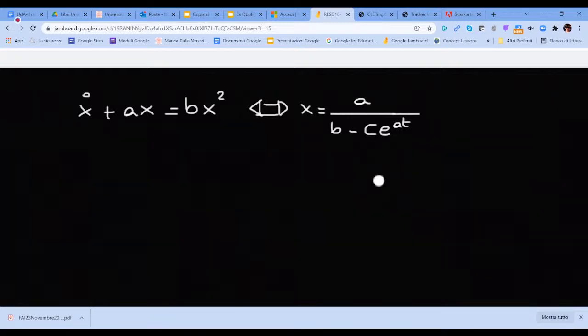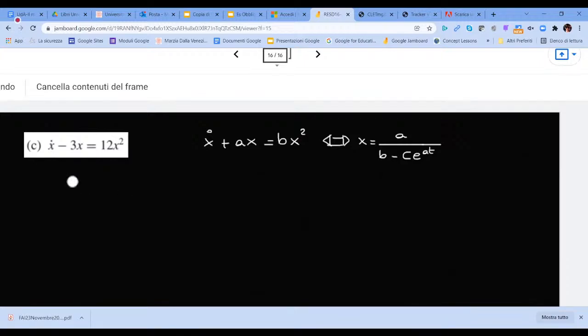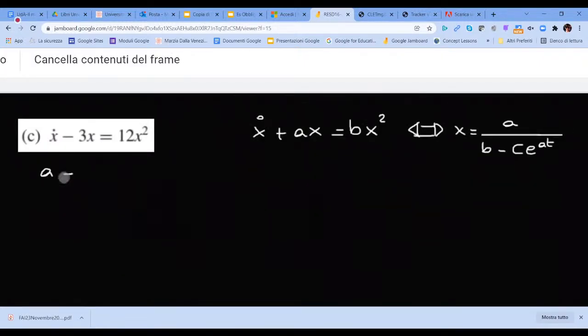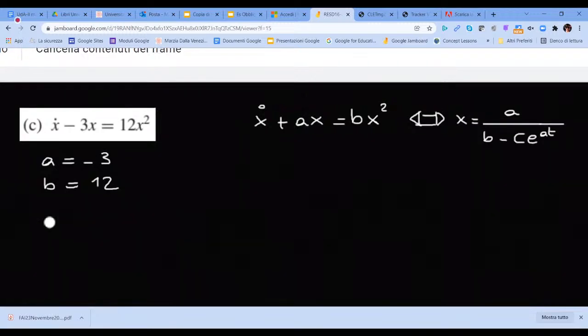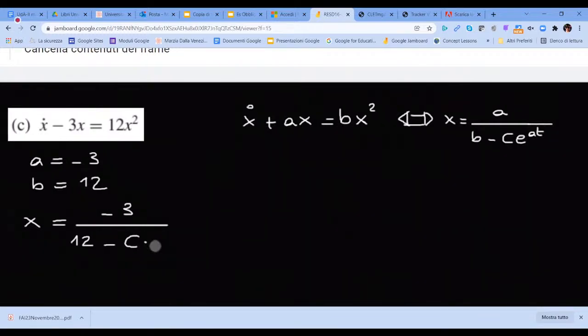So let's compute the solution of this equation. We have that a is equal to minus 3 and b is equal to 12, so you can write directly the solution. x is minus 3 divided by 12 minus c e to minus 3t.